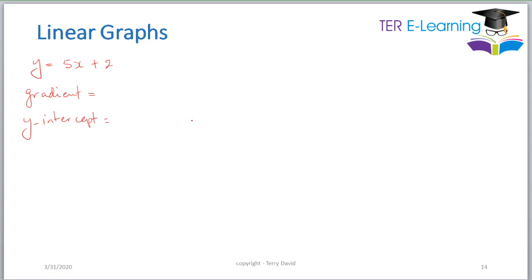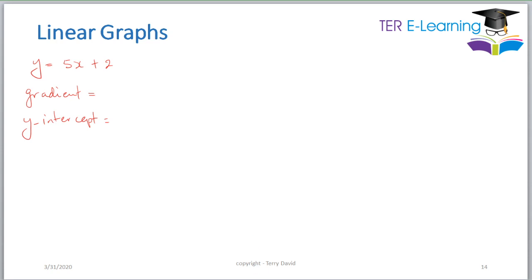What is my gradient and what is my y-intercept? Right, so I'm seeing somebody saying 5 already. Sharice is saying 5. Darrell also saying 5.